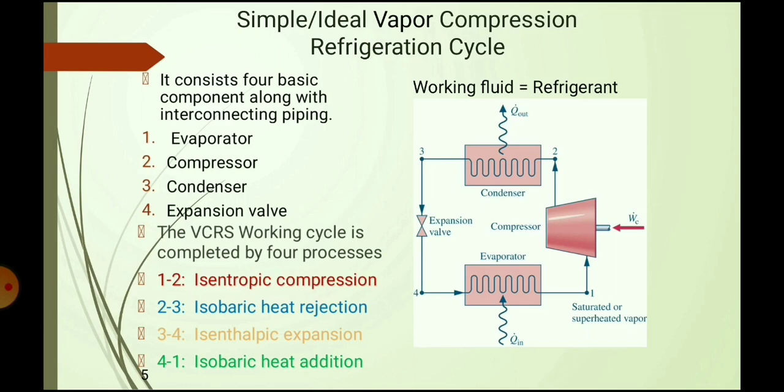Due to absorption of heat from the refrigerated space, the refrigerant is converted from liquid to vapor in the evaporator and produces the refrigeration effect. Clear? Next one is the p-h diagram for ideal VCRS.